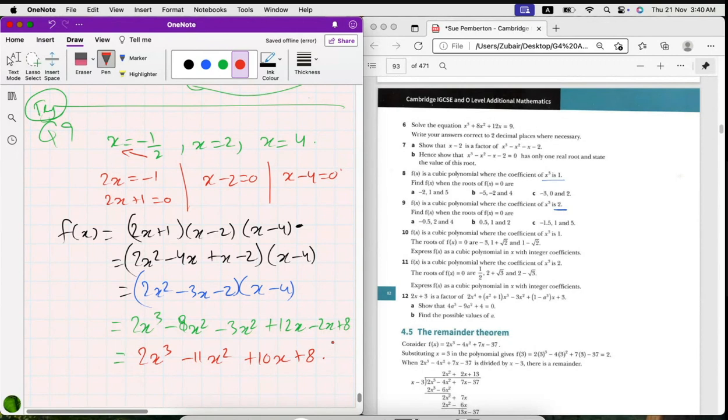Yes. Okay, and then question 10, the top line is the same. The second line, the roots of f of x equals 0 are negative 3, 1 plus square root 2, and 1 minus square root 2. Same process, just the difficulty level is increasing. Oh, okay, it's still the same 3 roots.